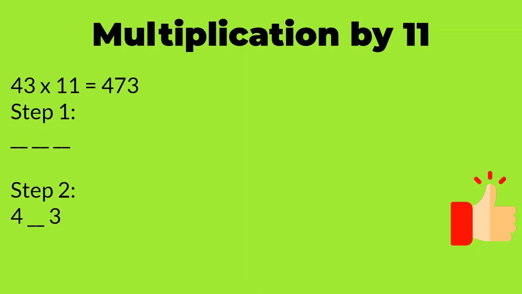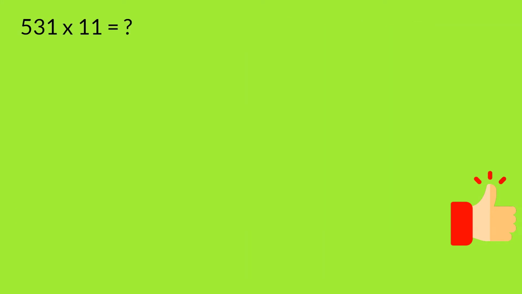And then, starting from the right hand side, from each blank you need to find the sum of the last two digits. For example, for this blank, we'll write the sum of 4 and 3, that is 7. So it's 473.